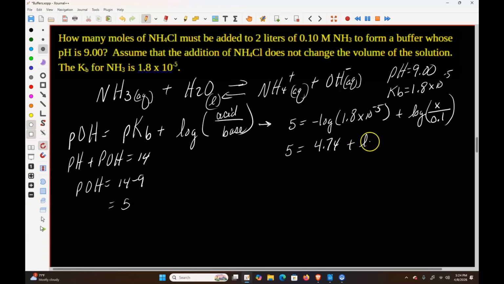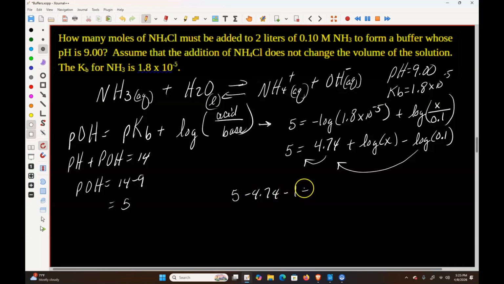Go ahead and break this other part. Log of x minus the log of 0.1. We'll take this to the other side, and I'm taking this to the other side. So I'm going to say 5 minus 4.74 minus 1 is going to equal the log of x.